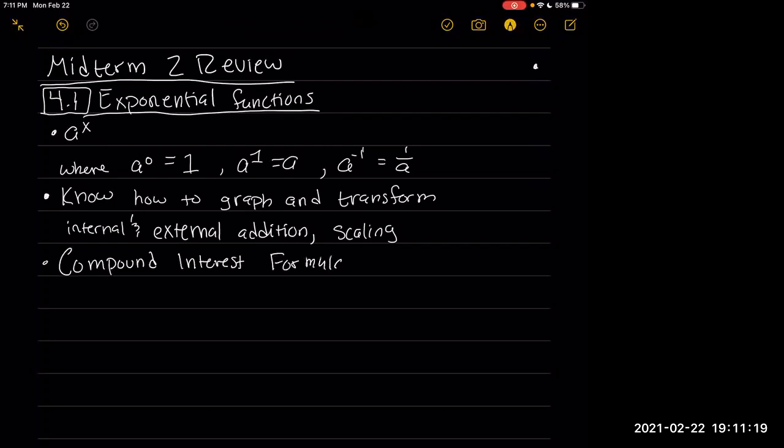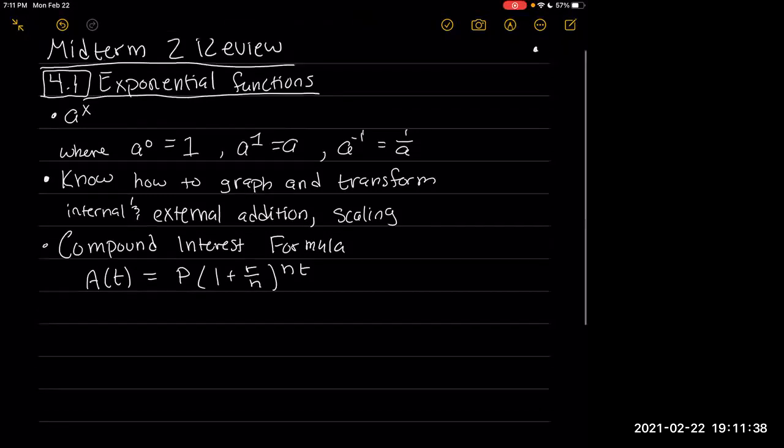The compound interest formula can be written as A of t equals P times (1 plus r over n) all raised to the n times t power, where n is the number of times you compound your interest per year. And then we moved on to section 4.2.